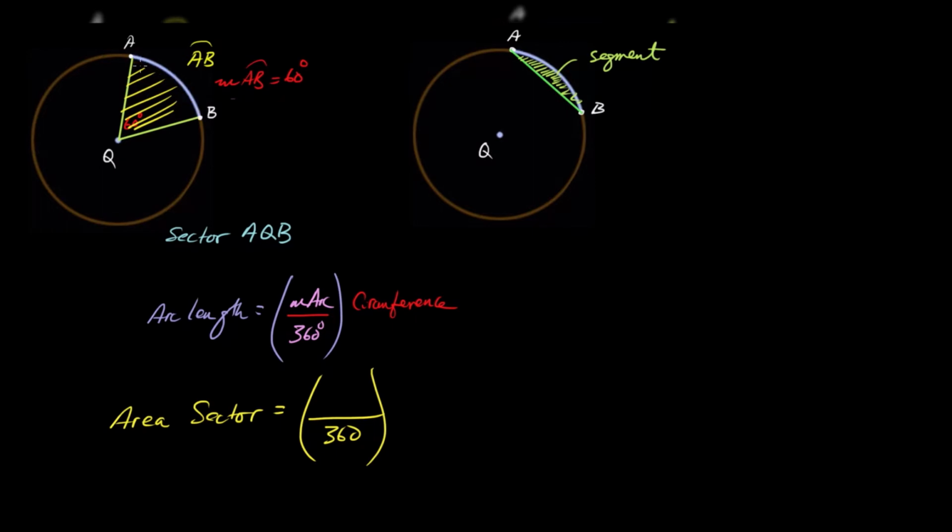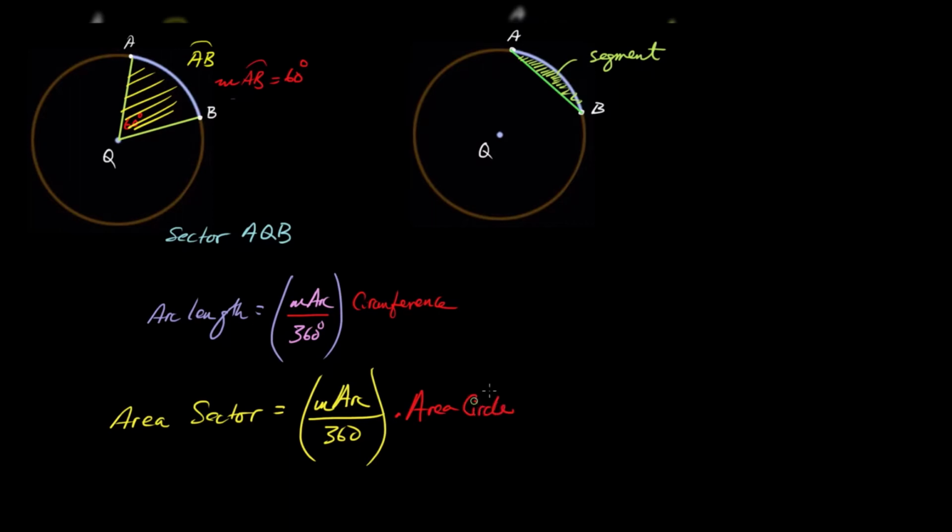Because the sector is bounded by the arc, the measure of the sector is going to be the same degrees as that of the arc. So the measure of the arc, or the central angle, out of 360 degrees is going to determine the fraction that the sector is of the entire circle in the area. So finding the area of the sector is simply a fraction of the total area of a circle.